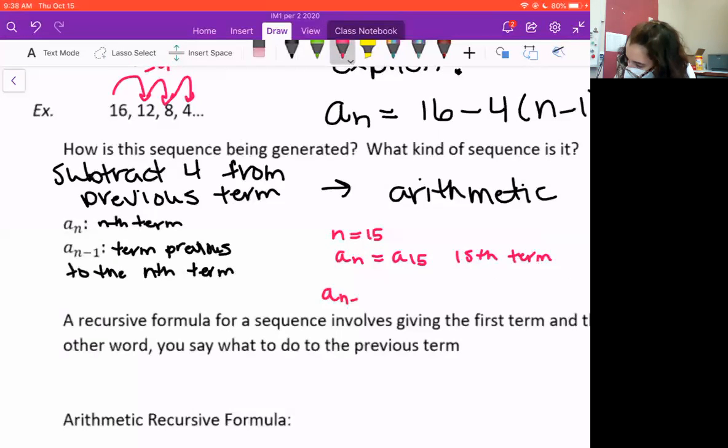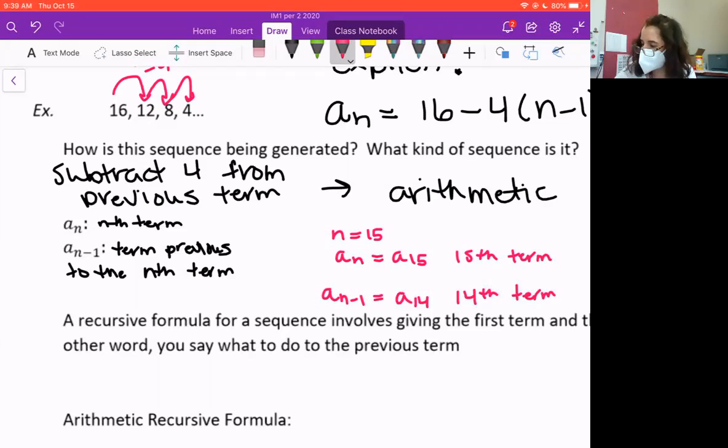A sub n minus 1, 15 minus 1 is 14. This would be the 14th term. So a sub n minus 1 is just a fancy way of saying the previous term. If I'm trying to find the 15th term, a sub n minus 1, this whole thing just means 14th term. If I'm trying to find the 5th term, this right here would just be 4th term.